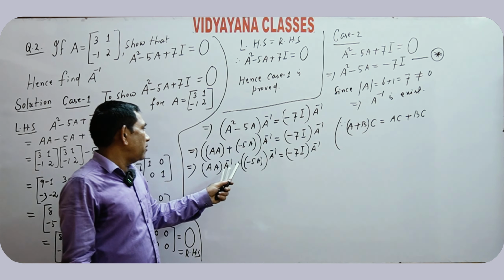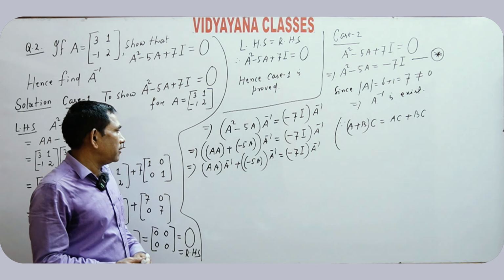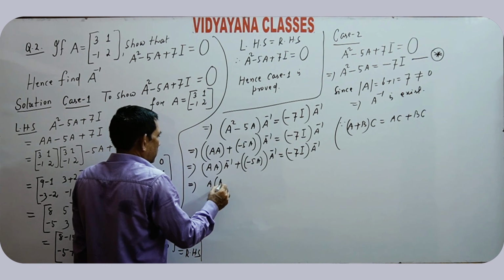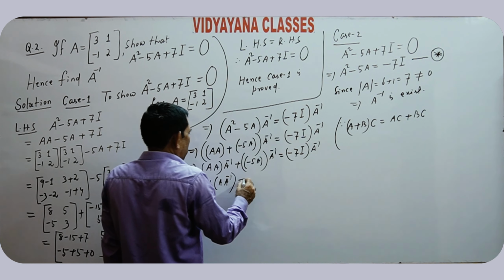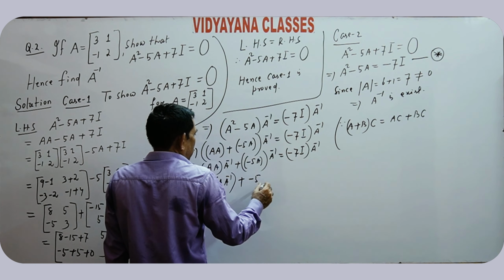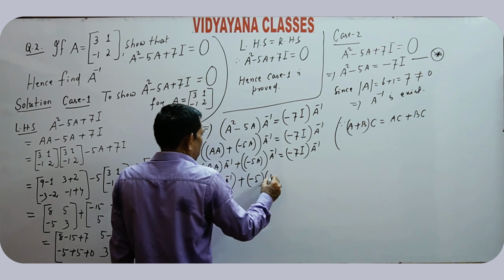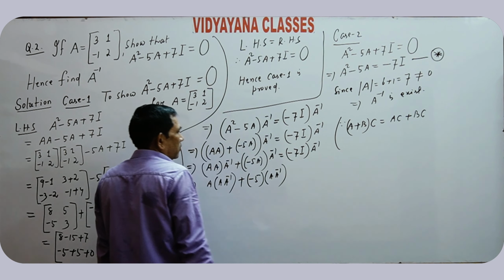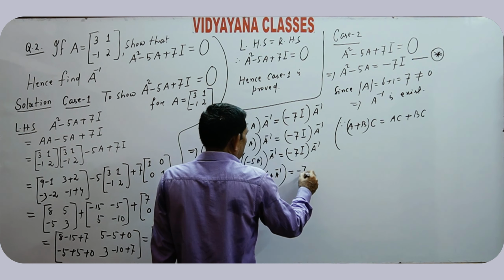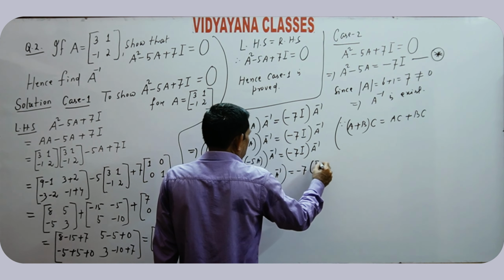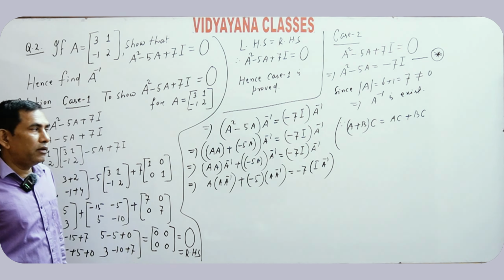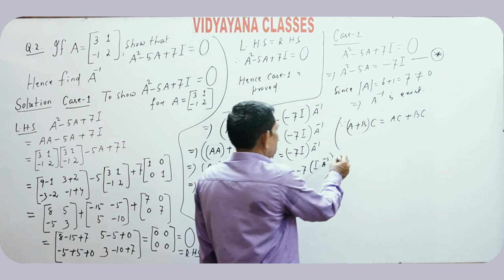Using right distributive law, this can be written as A into A inverse plus minus 5 into A inverse is equal to minus 7I into A inverse. Clear?